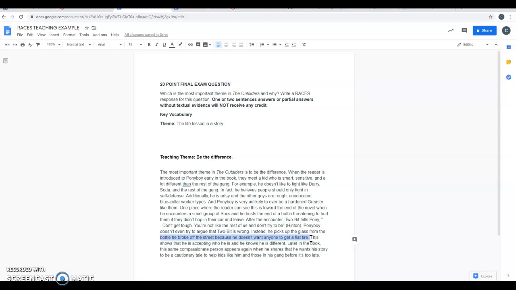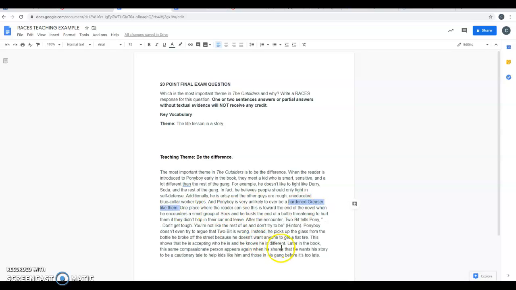Really, that's what Ponyboy thought: I need to be considerate of other people. Somebody might be driving here and they could get a flat tire if I don't pick up the glass from the bottle I broke. So that is a good explanation to support this, showing that he's never going to become a hardened greaser like the rest of them.